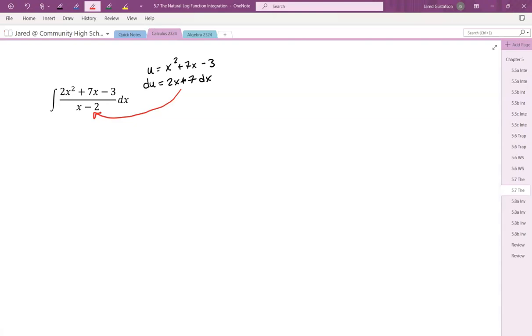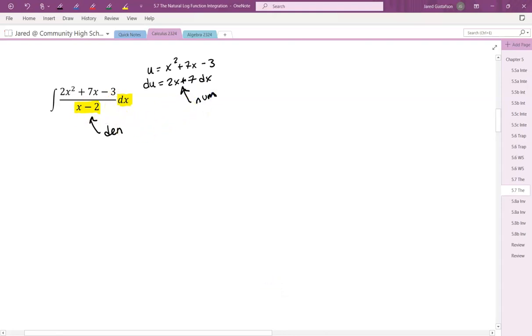The other problem is, if I'm trying to replace this x minus 2 dx, this is in the denominator. This is not in the denominator. This is a numerator thing. So here's the problem.